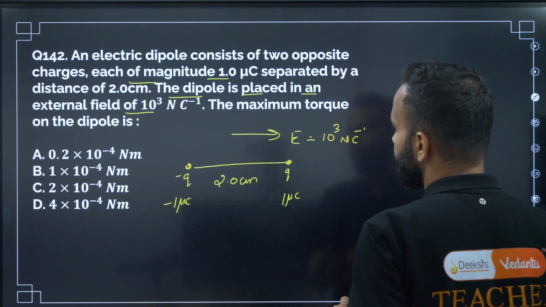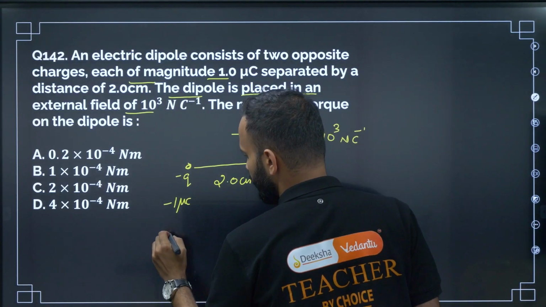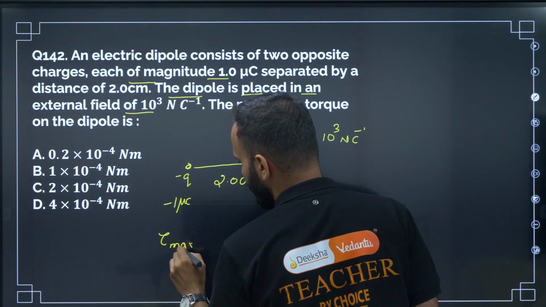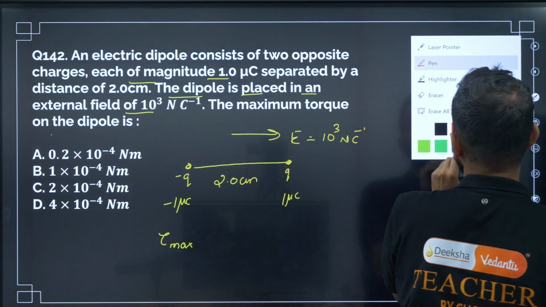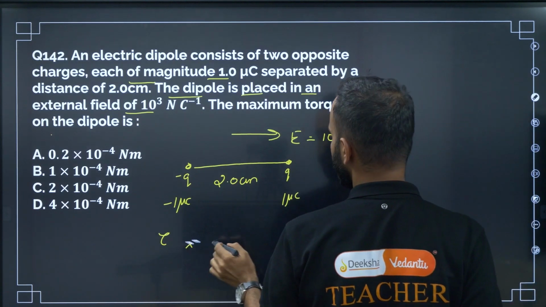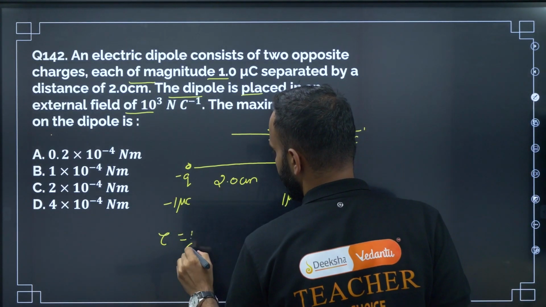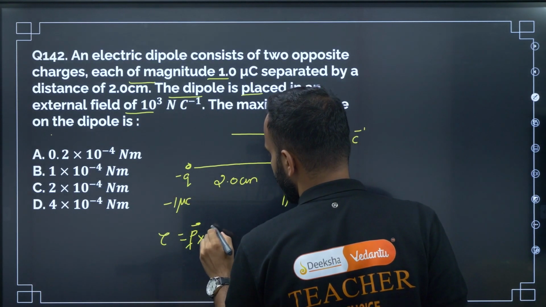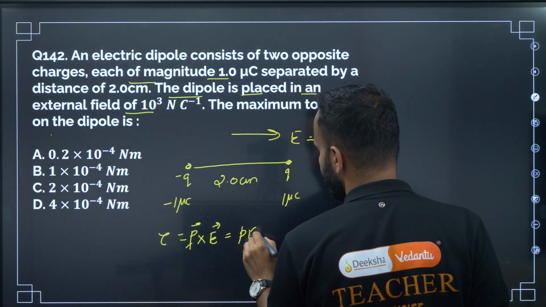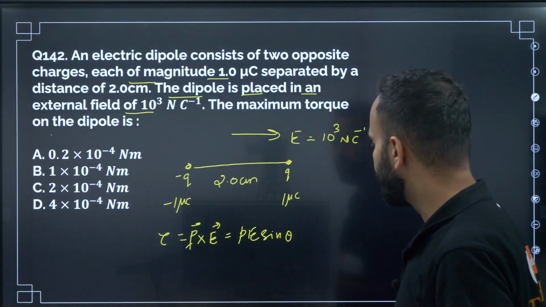The maximum torque on the dipole. So we know the formula of torque on the dipole, right? The torque on the dipole, tau is equal to P cross E, which is equal to PE sin theta, where theta is the angle between the dipole moment and the electric field vector.